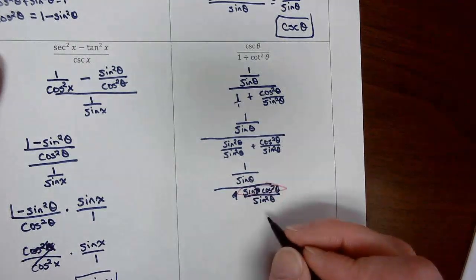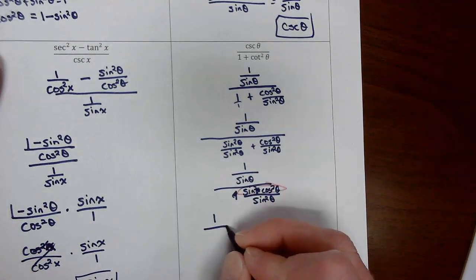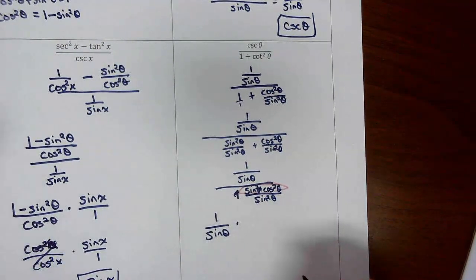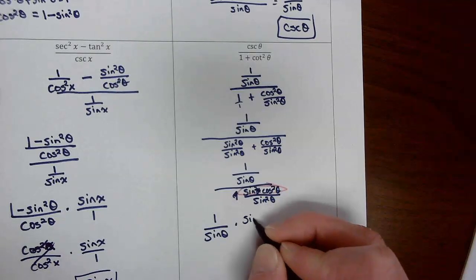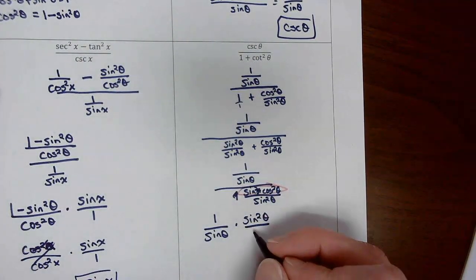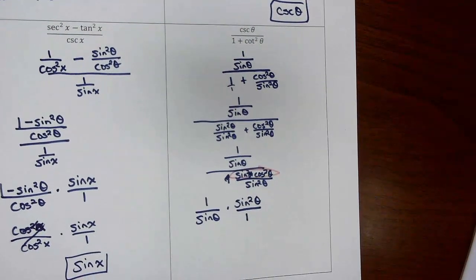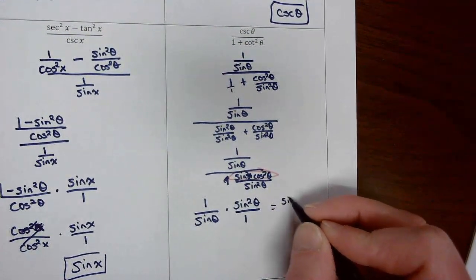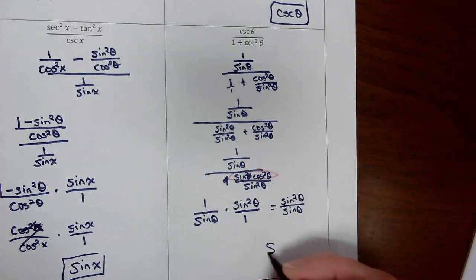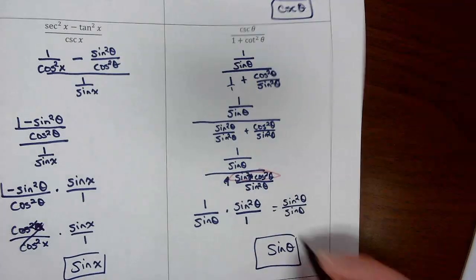So I have a fraction divided by another fraction. So I'm going to have 1 over sine times the reciprocal of the denominator. And that's sine squared plus cosine squared, which is just 1. So I have sine squared divided by sine. We just get sine.